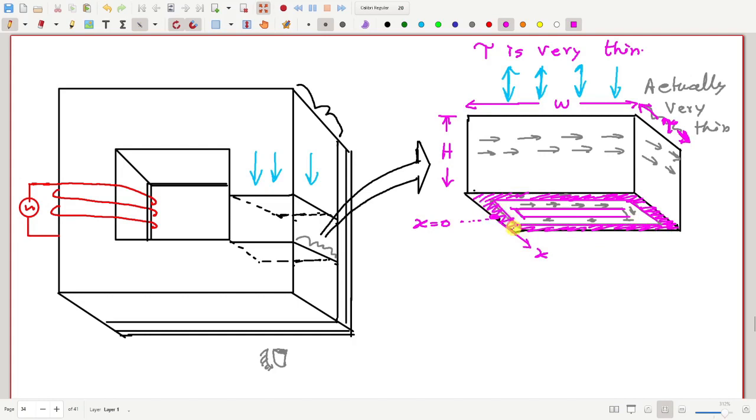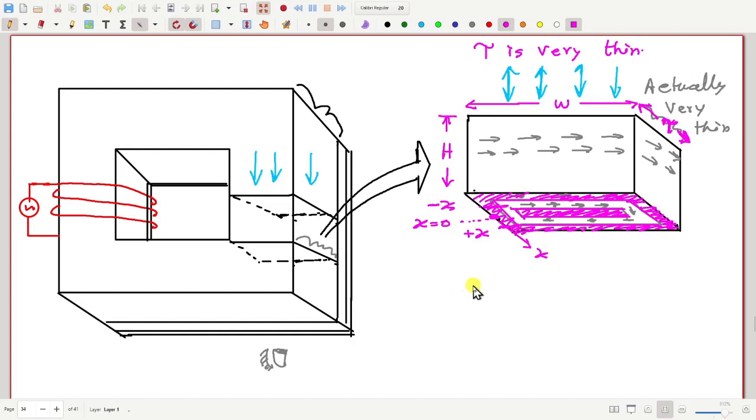This track you do not look at, only this white track through which current is flowing. Okay, and suppose this particular track is from minus x to plus x. Okay, so this line is at minus x, and this line is at plus x.